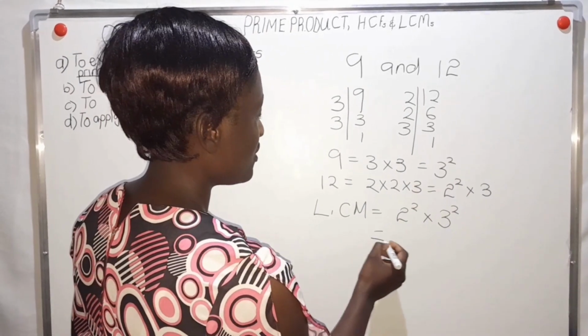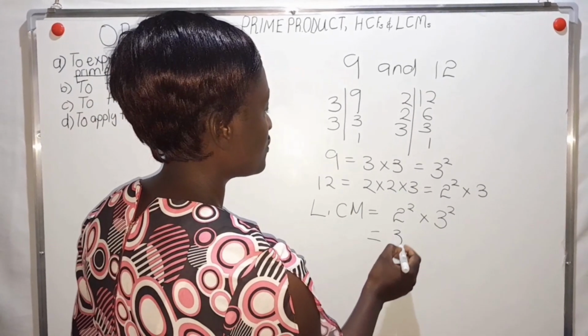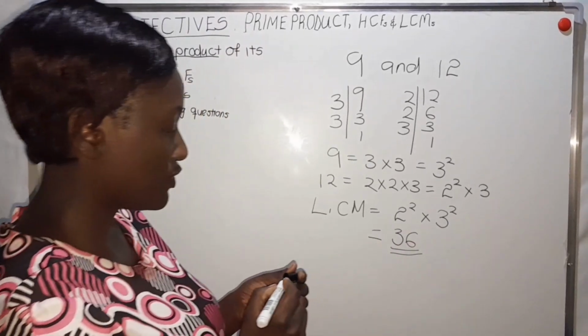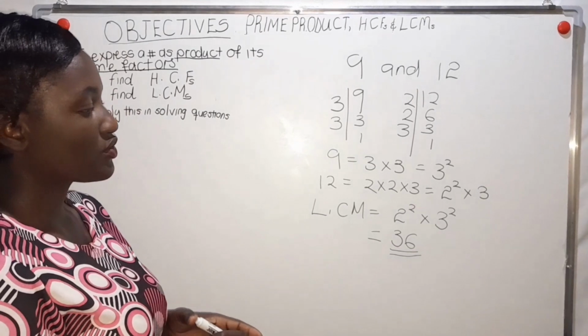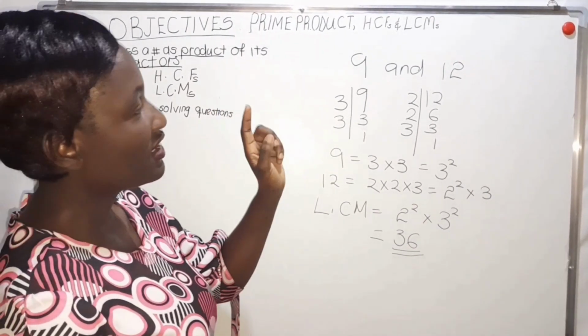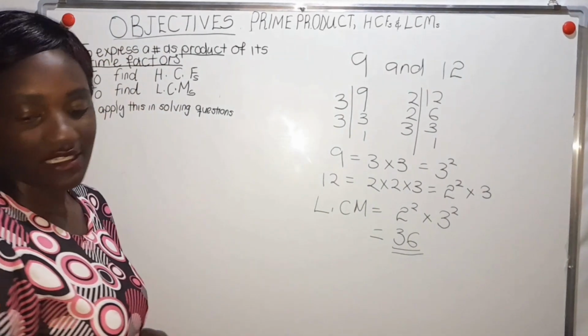So our lowest common multiple is 4 times 9, which is equal to 36. So the lowest common multiple of 9 and 12 is 36, and 9 and 12 are factors of 36.